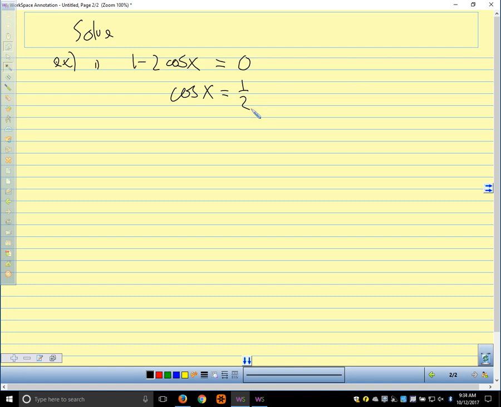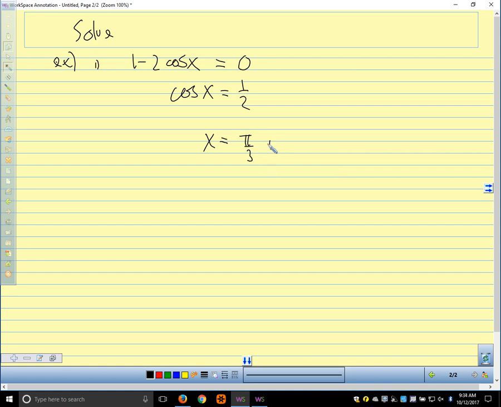So we're going to say x equals, what's an angle with a cosine of 1/2? Pi thirds. There we go. Pi over 3, and all the coterminal angles with pi over 3.